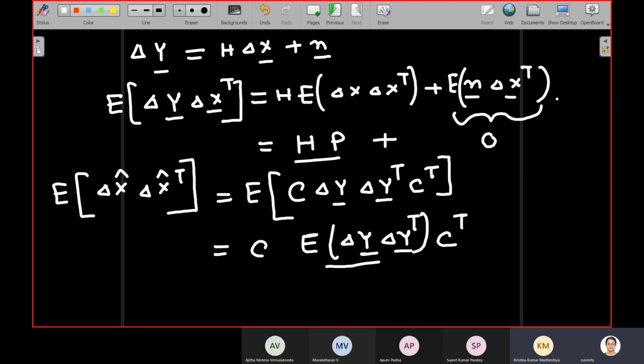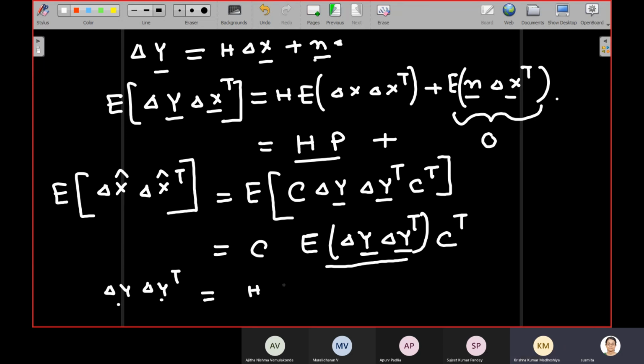How can we find this one? Again, to find this one, we have to take help of this equation. So delta y, delta y transpose. Here, see, when we multiply delta y with delta y transpose and use this model, we have 2 terms on the right side, right? So if you multiply, we get 4 terms, correct?